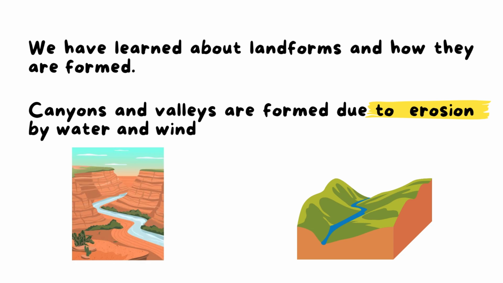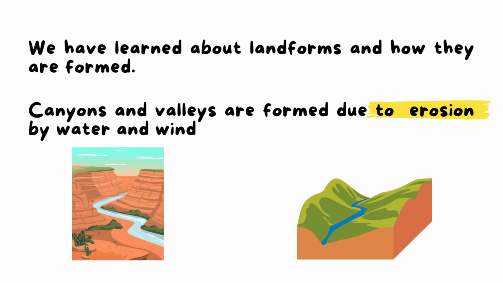Erosion by water and wind, as the water and wind carved these rocks, these mountains, and move the small sediments from this place, so they are formed by erosion. This is a very important point here: canyons and valleys are formed due to erosion by water and wind.